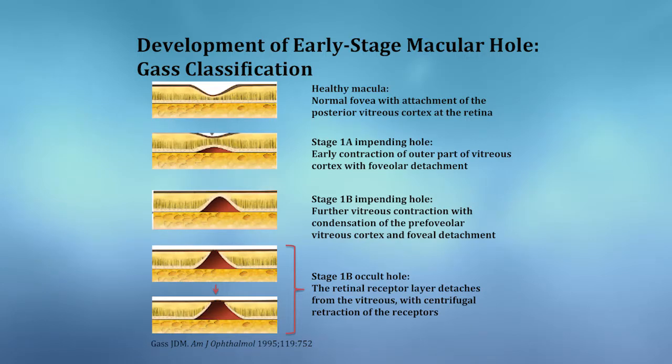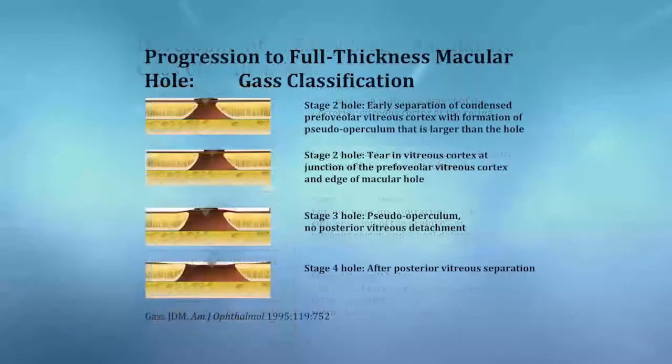Then we go to stage 1B, which is an occult hole. Occult hole means the retinal receptor layer has detached from the vitreous, with a centrifugal retraction of the receptors as well. After that, we go to stage 2 hole, and in stage 2 we also have two types.